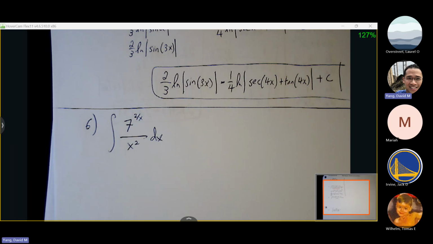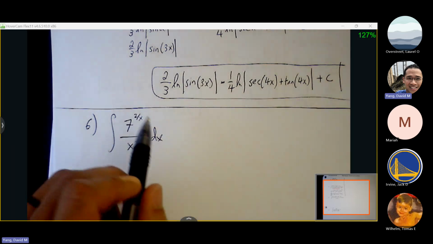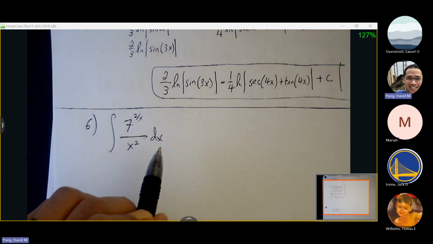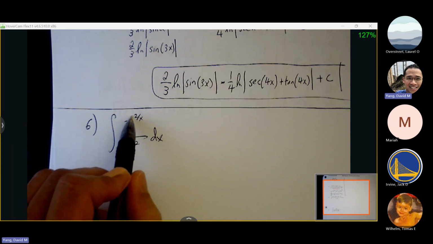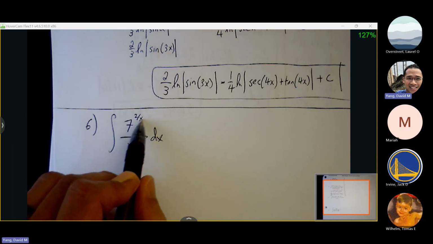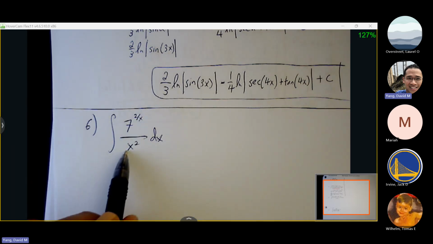So this looks like it could be an a to the u rule. If we want to target a to the u rule, then we're looking at the exponent as our u value. So we need the entire exponent to be the u value, the 2 over x. And then we're hoping that this derivative will take care of this x squared down the road.